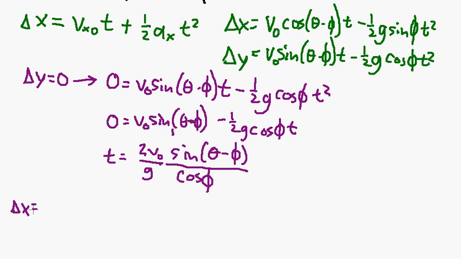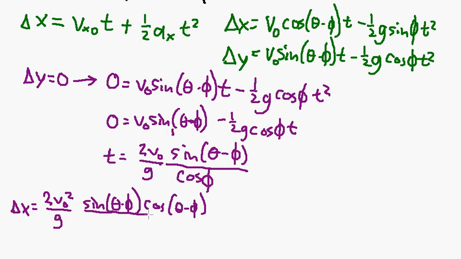So delta x equals v naught, this is going to be ugly. Okay, so v naught cosine theta minus phi times t, so it's 2 v naught squared over g sine theta minus phi cosine theta minus phi over cosine phi, minus, ugly.